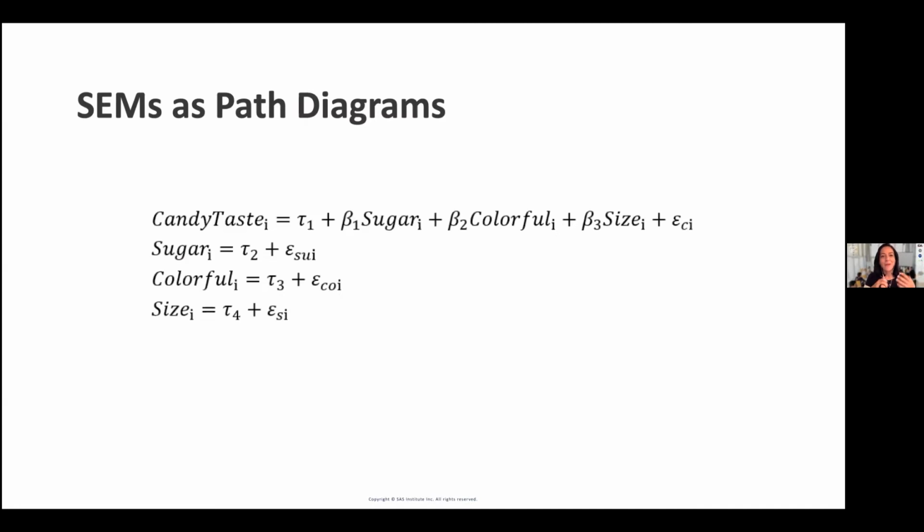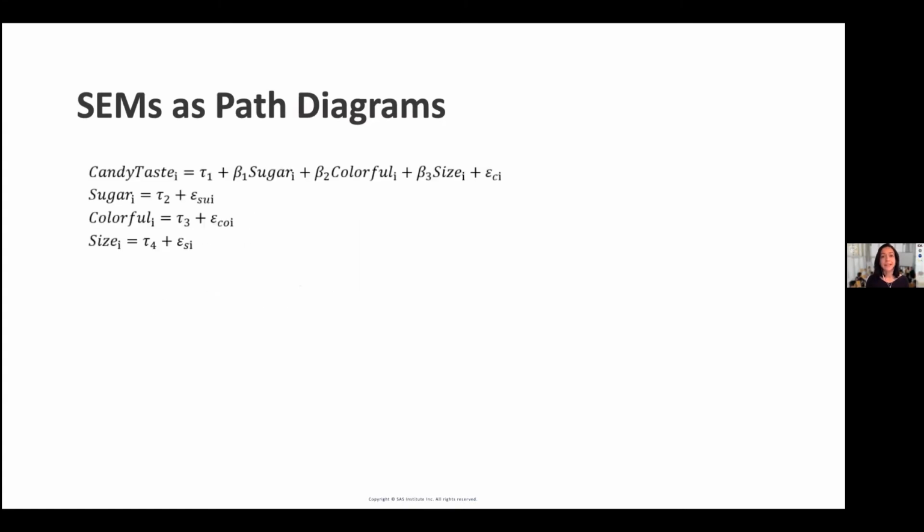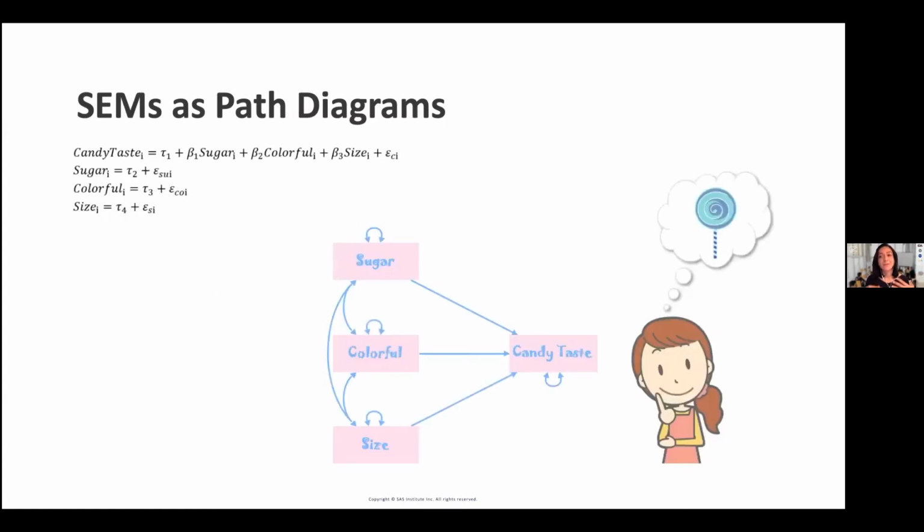So SEM, as the name implies, structural equations models, consist of systems of linear equations. And so we have the option of expressing our model through systems of equations, or alternatively, we can use a path diagram to represent the exact same equations, right?